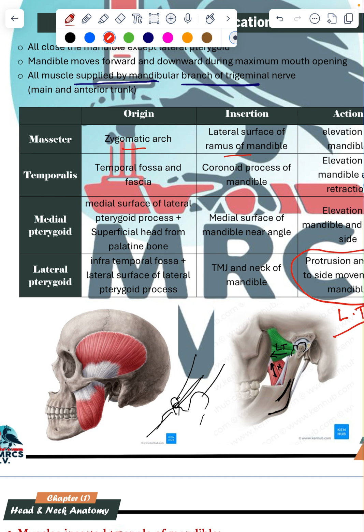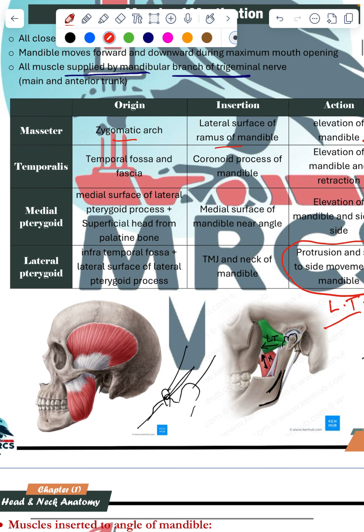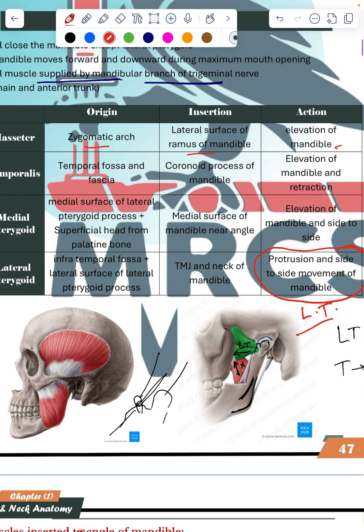It has to be of mandible only. You can see animals, they have a lot of side to side movement. So that is called side movement. So upper movement is by temporalis, again upper movement is by masseter, and retraction is by masseter. When this is contracting, there is a little bit of retraction also.